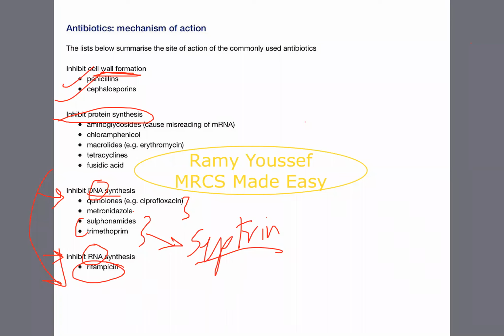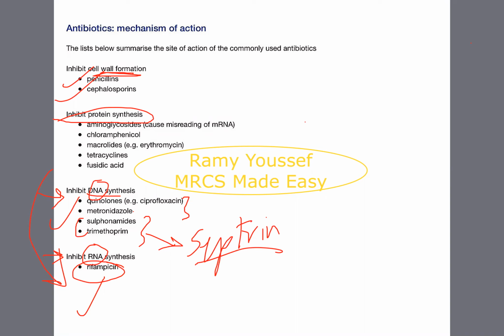But the most important: RNA, rifampicin; DNA, quinolone, metronidazole, trimethoprim, sulfamethoxazole. Cell wall is only penicillin and cephalosporins, and the others inhibit protein synthesis.